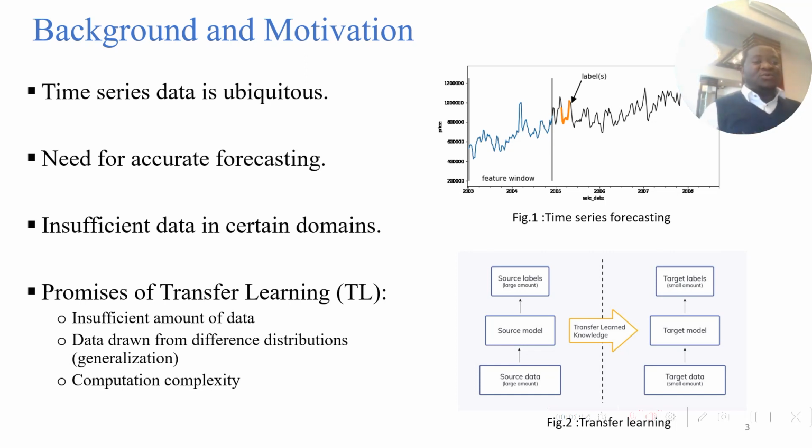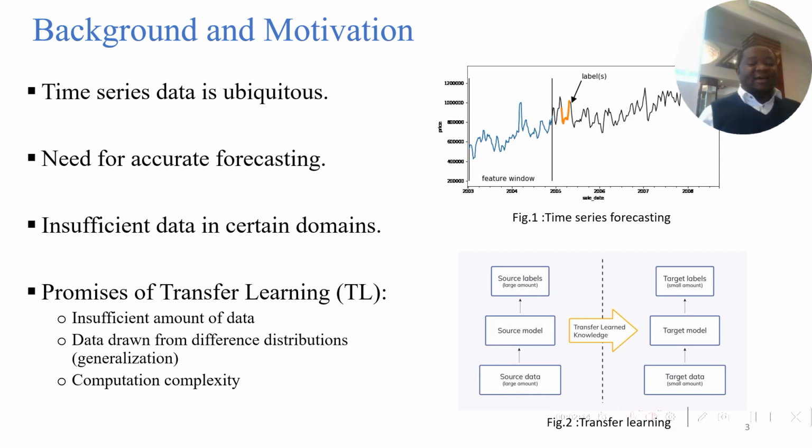However, on the other side, some areas have an insufficient amount of data. Some domains we have enough data, some other domains we don't have enough data. And we know when it comes to applying deep learning and machine learning models, we rely on the availability of data.